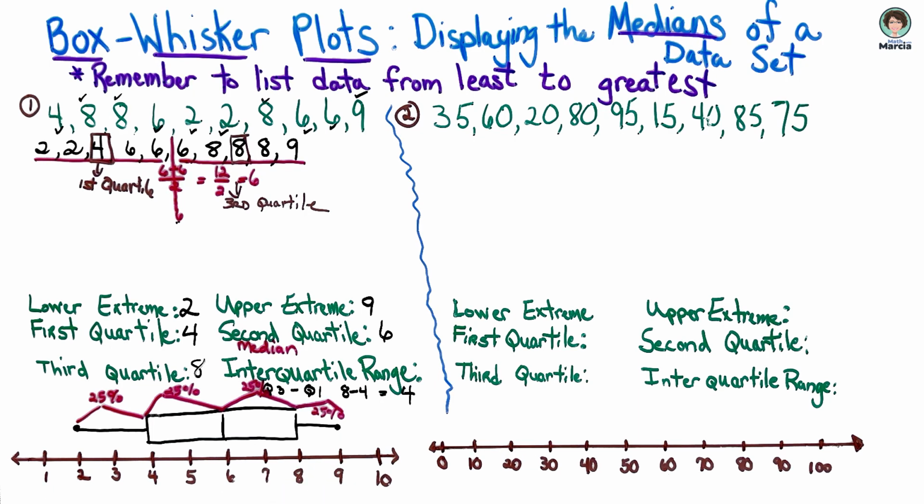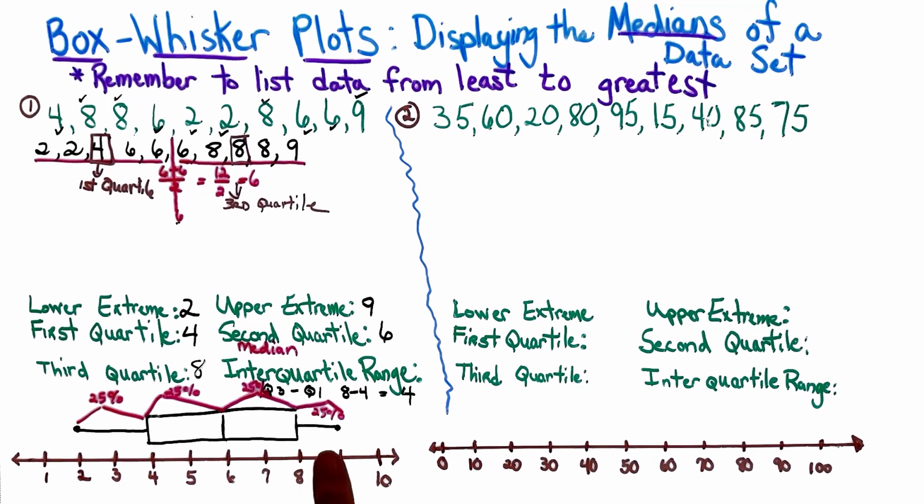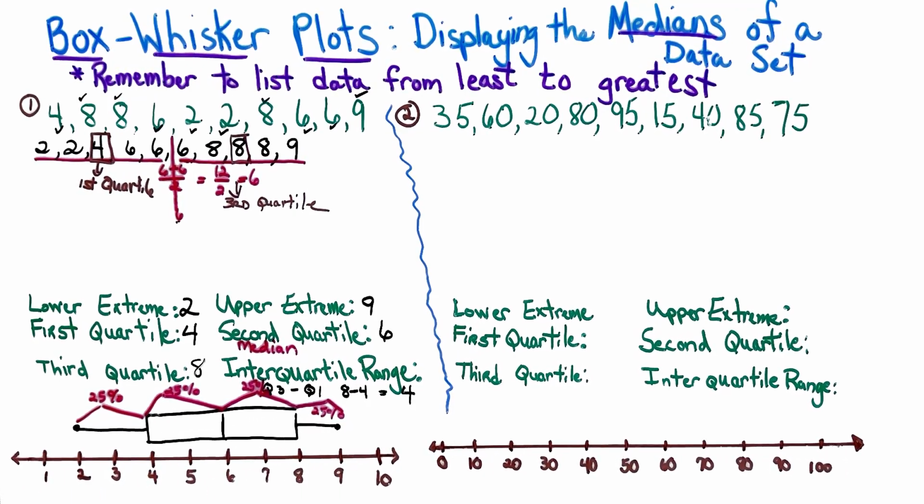And there will be some word problems that we will do in the future that you'll be dealing with those different percents. But this is your box and whisker plot right there. Not too hard, just need to be able to find medians.